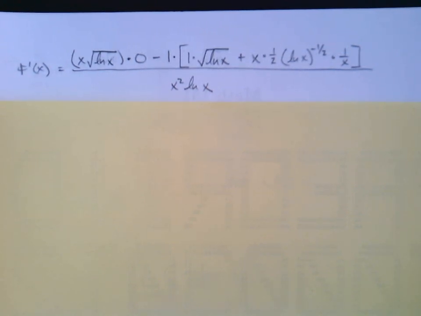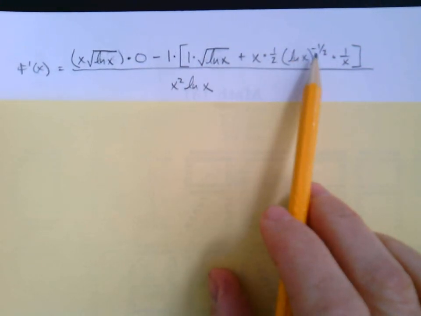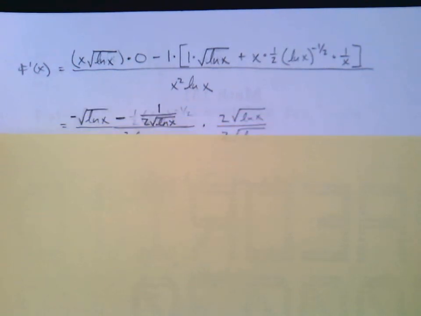Of course, there's a chain rule and a product rule happening in there. X natural log x, you've got that product rule, and then on the natural log, you've got a chain rule happening. I trust that you guys at this point are experts in derivatives, and if you're not, well, it's there on the screen for you too. But I'm not going to talk about that. I'm just going to show you my simplification.